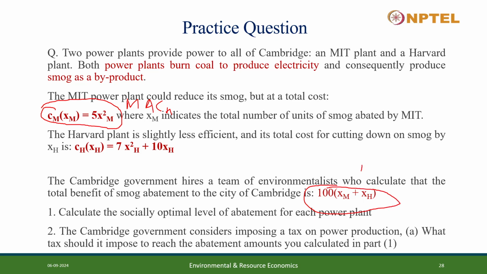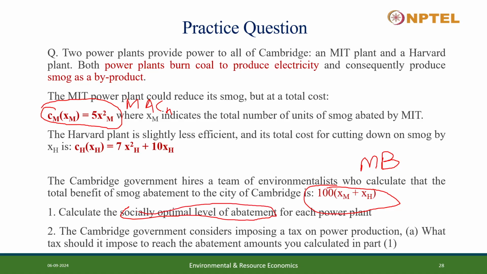So now we have to find the marginal benefit. When we find the marginal benefit, we have to differentiate the benefit curve with respect to xm and xh, right? So we have to find the socially optimum level of abatement.